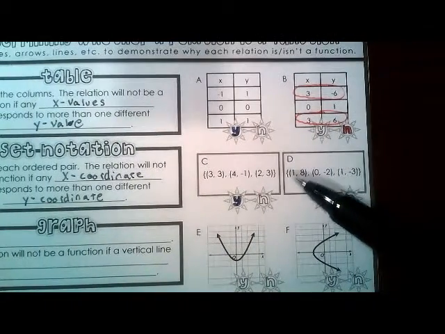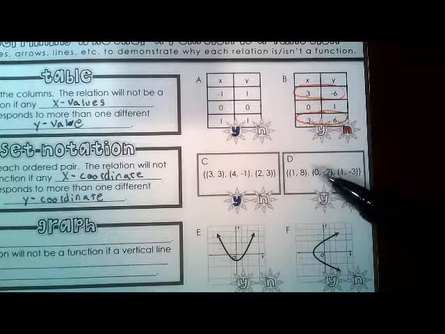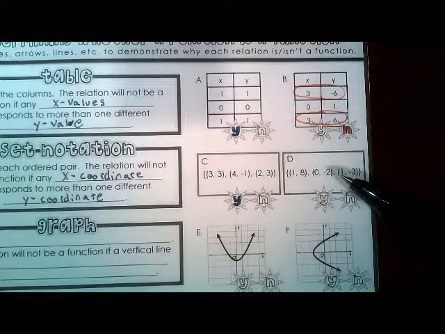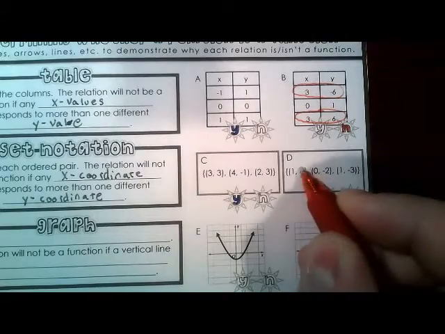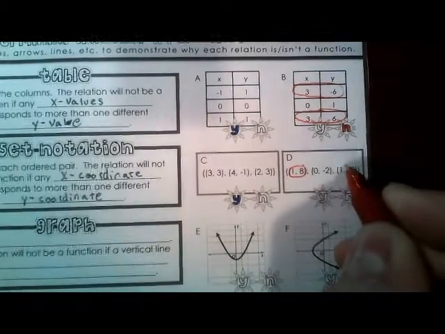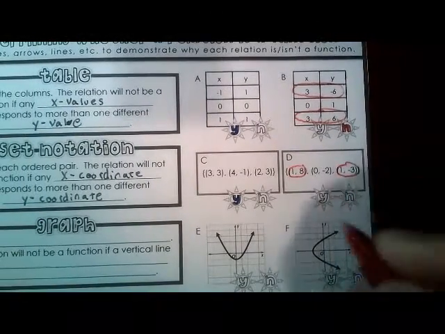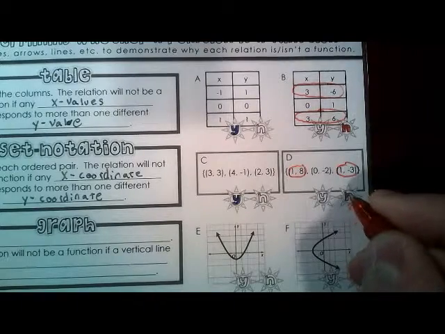And what about D here? We've got 1 goes to 8, 0 goes to negative 2, and 1 goes to negative 3. Well, 1 cannot go to 8 and negative 3, right? That's not possible. So this is not a function.